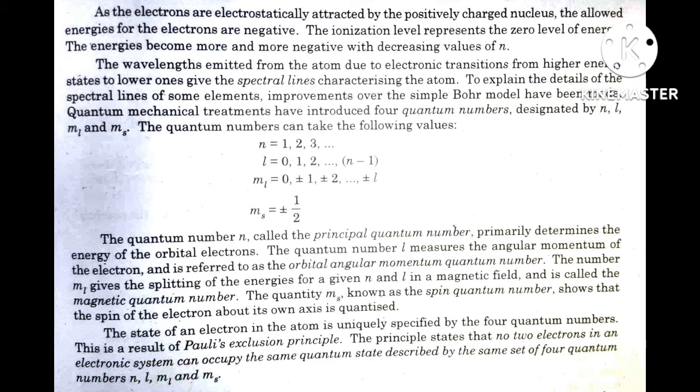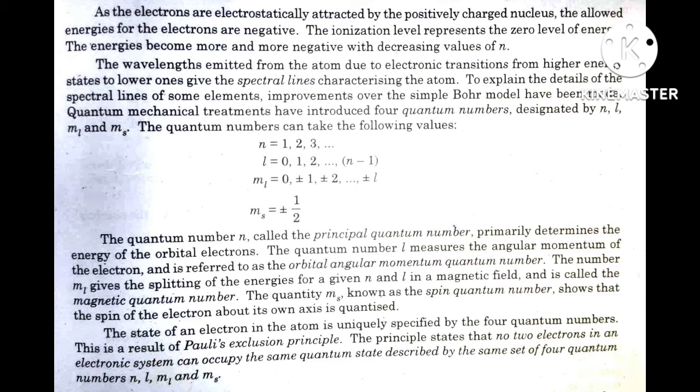The quantum number n, called the principal quantum number, primarily determines the energy of the orbital electrons. The quantum number l measures the angular momentum of the electron and is referred to as the orbital angular momentum quantum number.